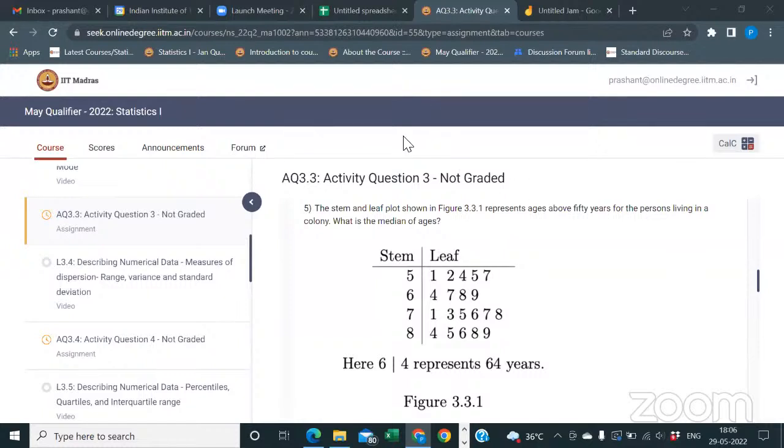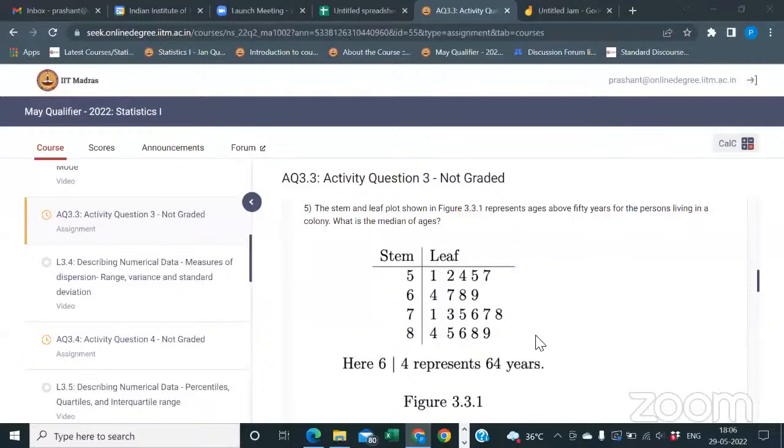But in a stem and leaf plot, observations are already in ascending order, right? Now, first count the number of observations. There are 20 observations. Then what will be the median?